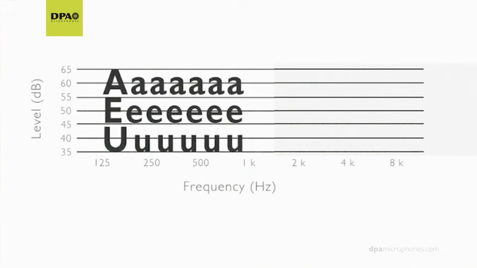It's divided so that the vowels, I, U, O, all the round sounds, are in the lower part of the range, and the higher frequencies is where all the consonants are, the K, T, P, S, all those sh sounds.